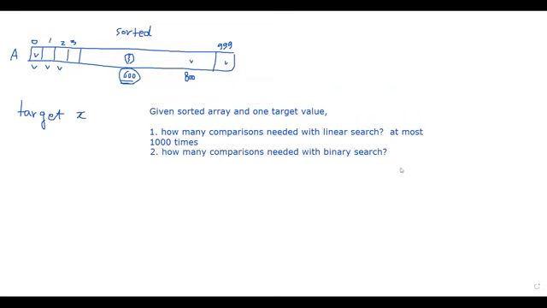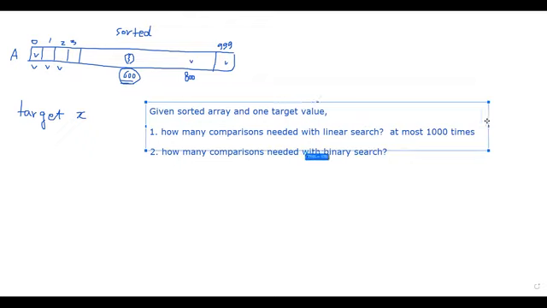Array size is 1000. Given a sorted array with 1000 data and a target value, what is this?